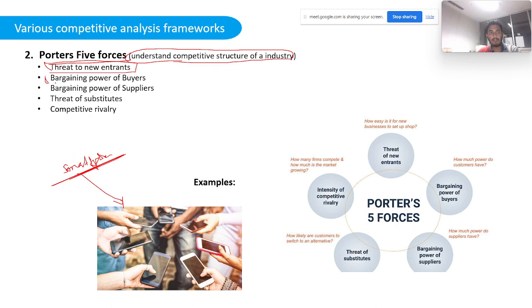Then bargaining power of buyers. Do the buyers have bargaining power? Do you need to provide them with bargaining power? That means when you have more products available, that means demand and supply.